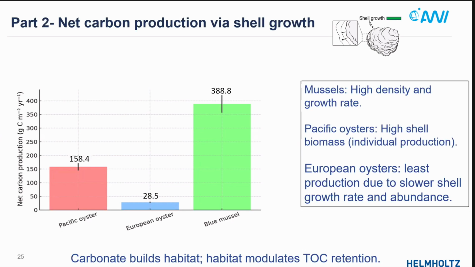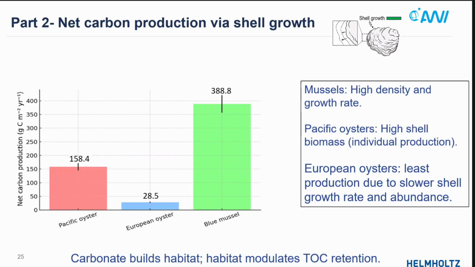If we consider blue mussels, because of their high density and higher shell growth rate, which is about 35 millimeter per year on average in the North Sea, they can produce about 158 gram of carbon per square meter in a year. Pacific oysters, though their density is less, have very high shell biomass, so their individual production of carbon dioxide is quite high.